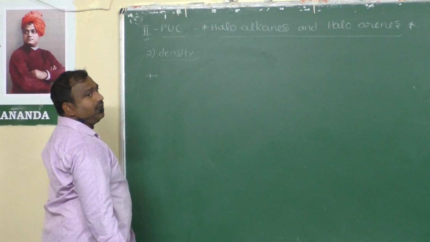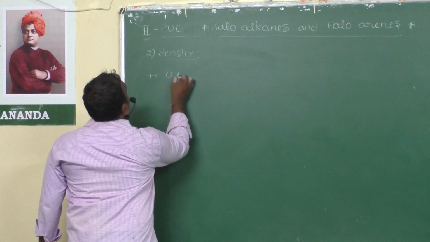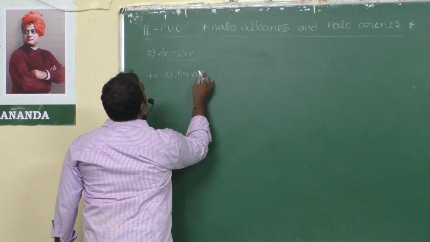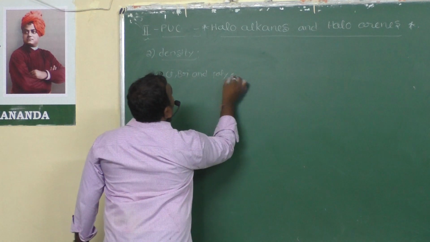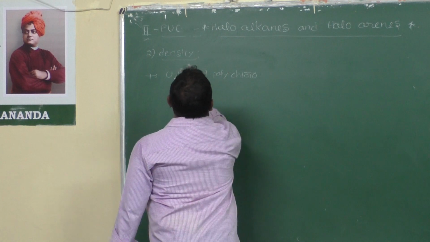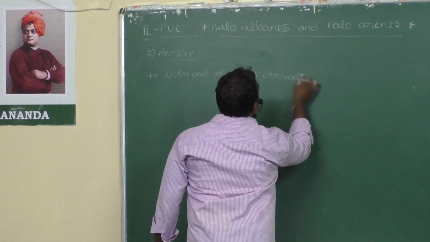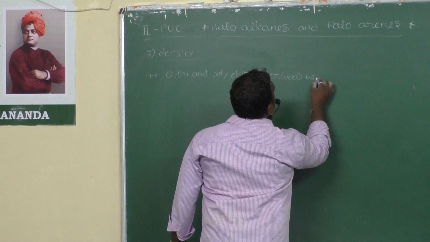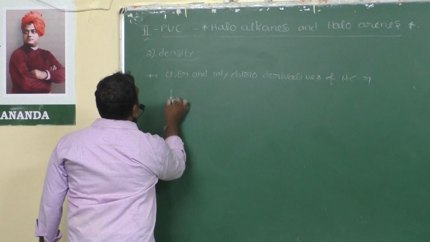Density. Chloride, bromide and polychloro derivatives of hydrocarbons are heavier than water.